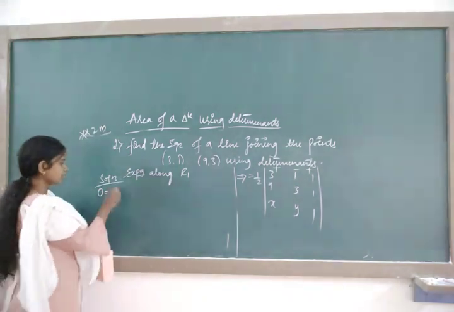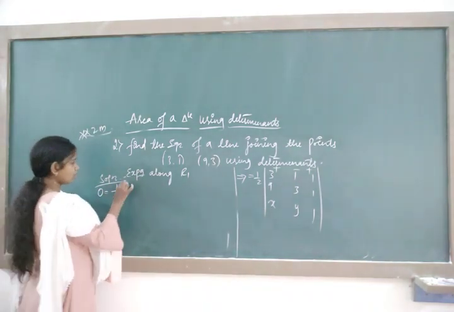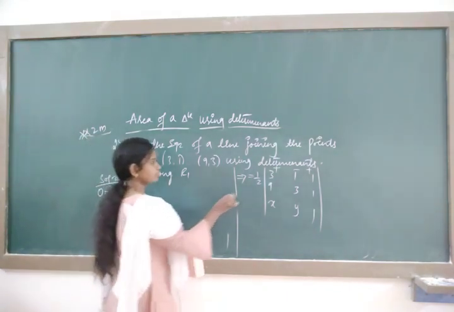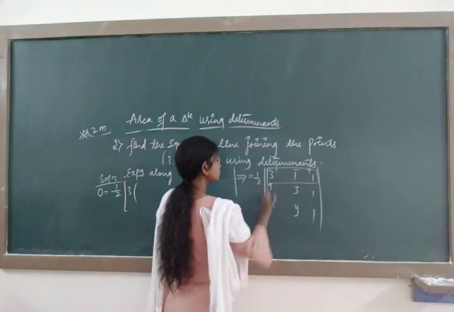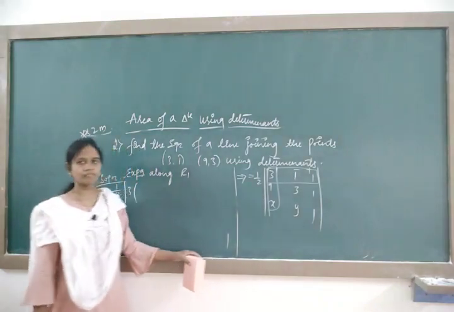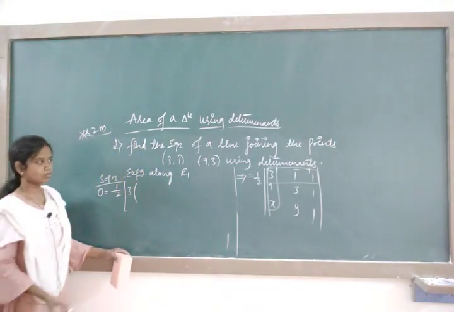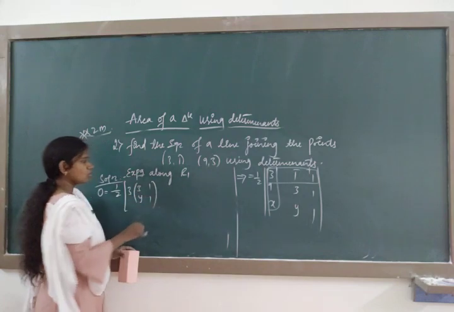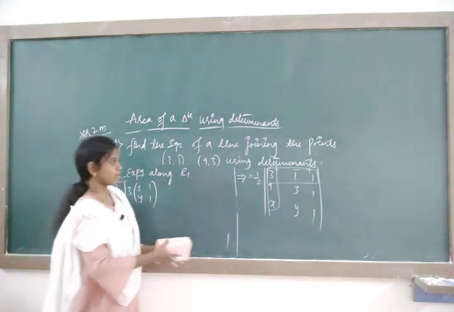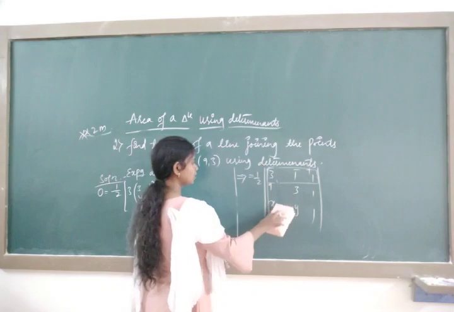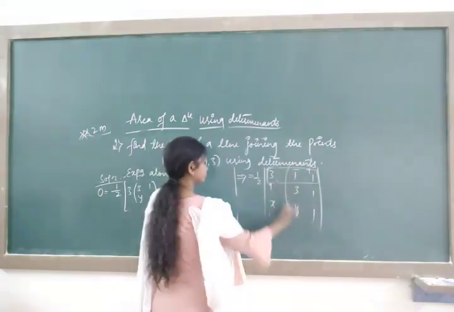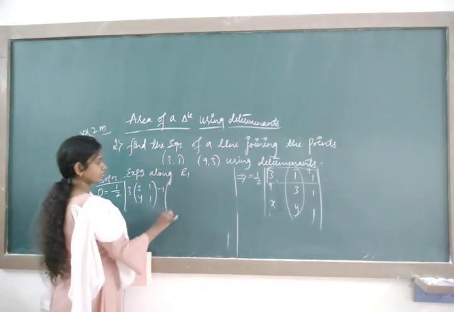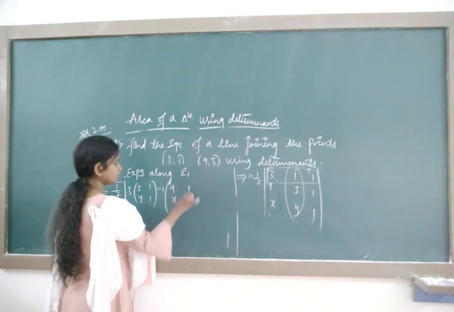Okay. 0 is equal to half times: 3 of, we are expanding along R1, which means R1 will be completely closed. Now the first column will be closed. 3 of the minor 1, y1. Now the second column will be closed and the first column opened: minus 1 of 9, 1, x1.